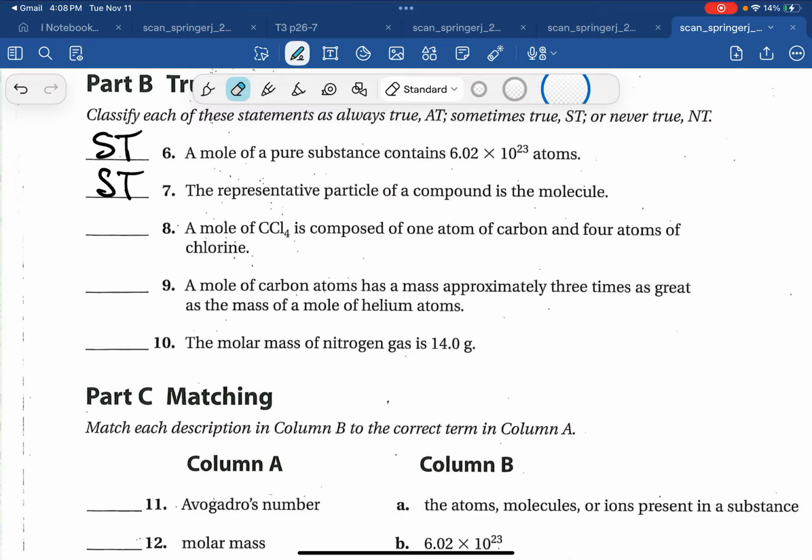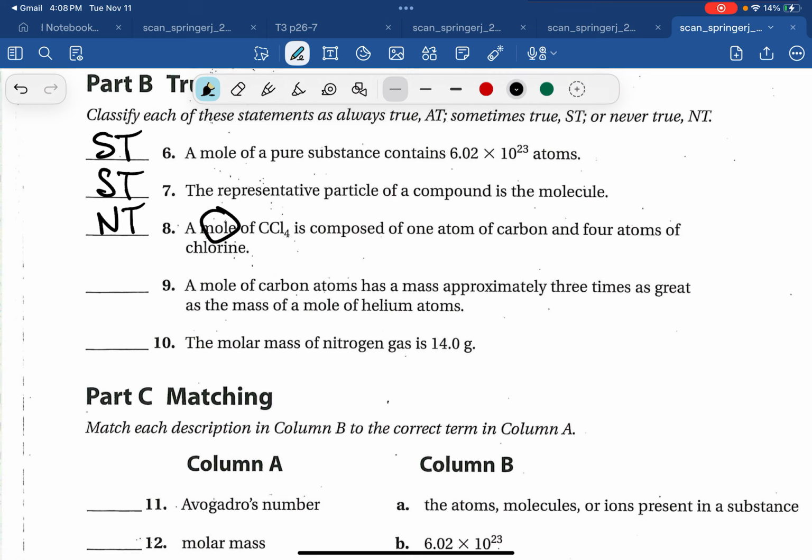Number 8 says a mole of CCl4 is composed of 1 atom of carbon and 4 atoms of chlorine. Well, that's never true. I know what you're thinking. It's CCl4, isn't it? 1 and 4, but it's not per mole.